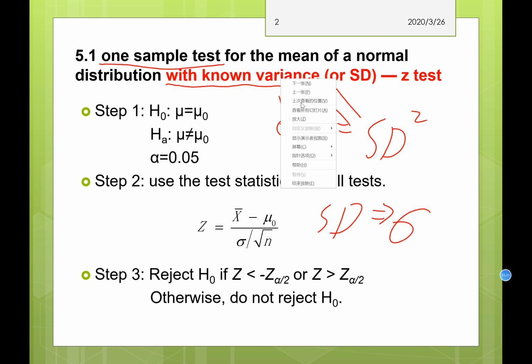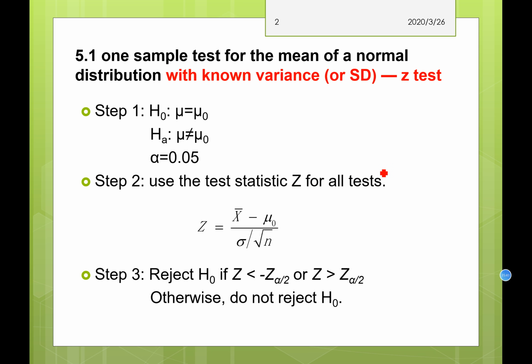So here we will find the keywords with known variance. If variance is given in the question, that means SD is given too, because the square root of variance is SD, standard deviation.